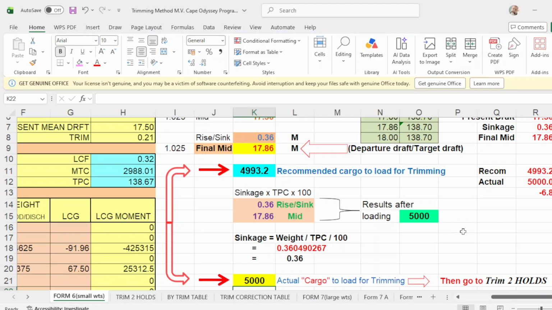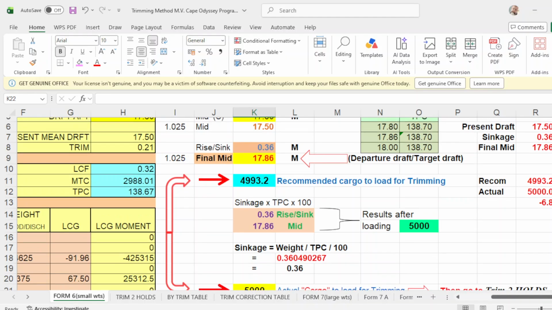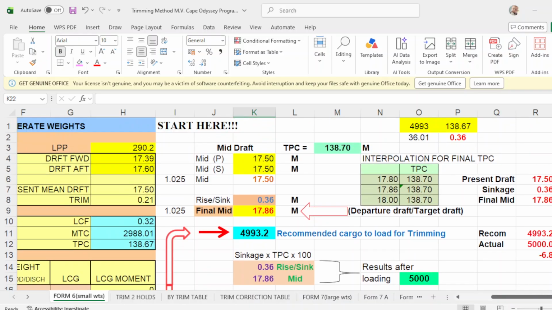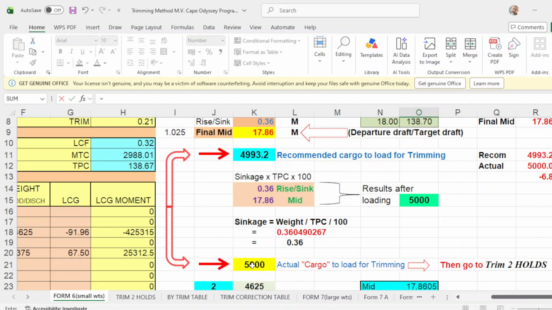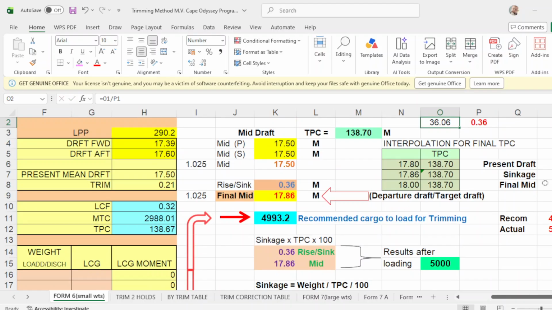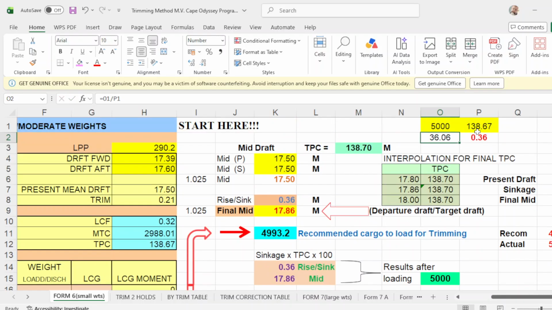Okay, so 5,000 according to the plan, and put here equals, which is your actual cargo to load of 5,000. Enter. There you go, 5,000. The TPC here, actually you should use the TPC of this one, of the TPC of 17.86, the departure draft.